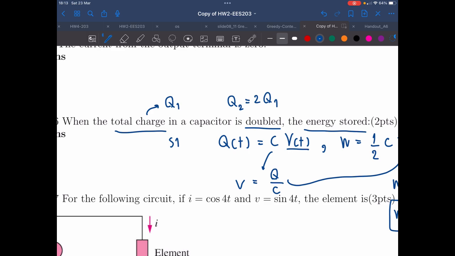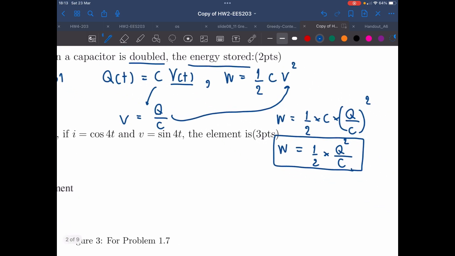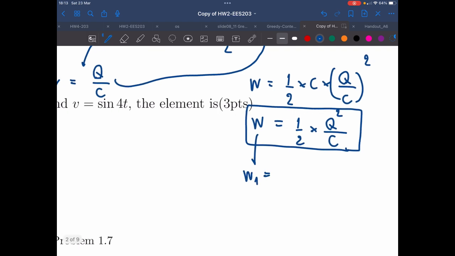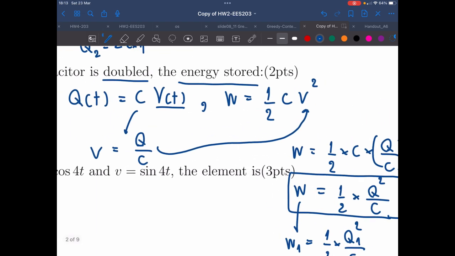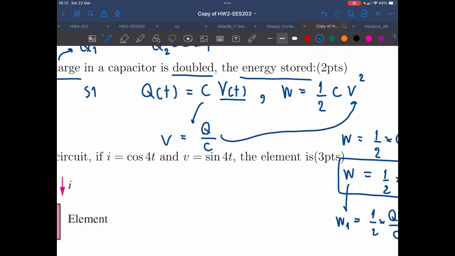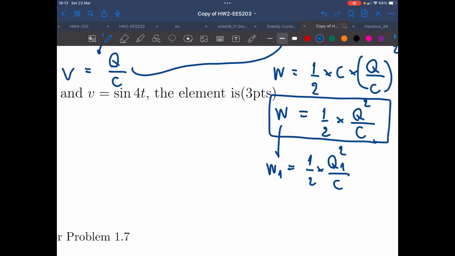The next step, we refer to the energy stored in the previous one before it is doubled, equal to 1 divided by 2 times Q1 squared over C. Remember that the capacitance of the capacitor at different times is the same.